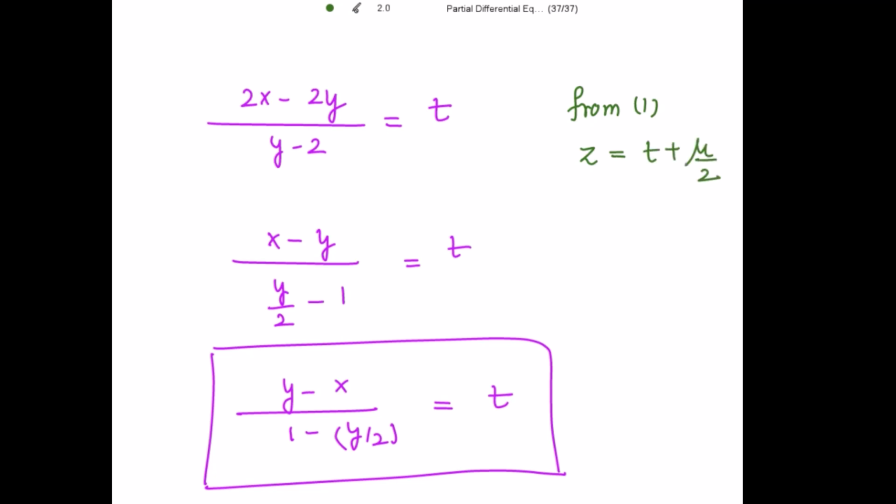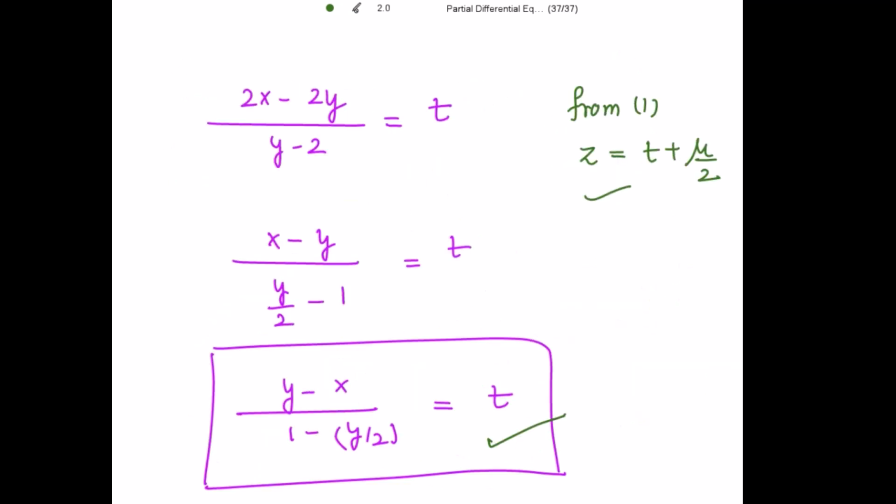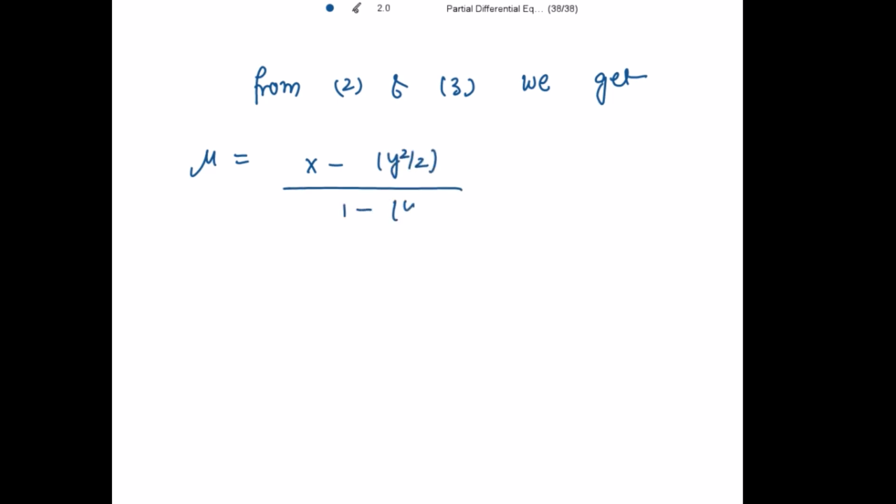We need to put the values of t and this mu in this z. So if I mark this as 3, so from 2 and 3 we get mu to be equal to (x minus y square divided by 2) divided by (1 minus y by 2), and t to be equal to (y minus x) divided by (1 minus y divided by 2).